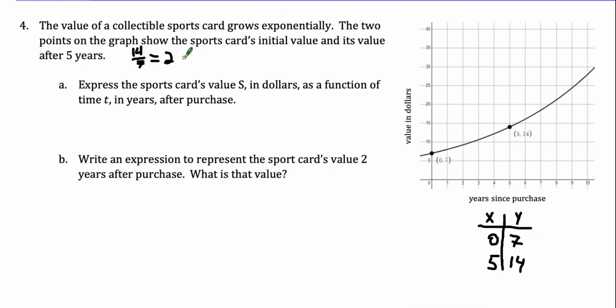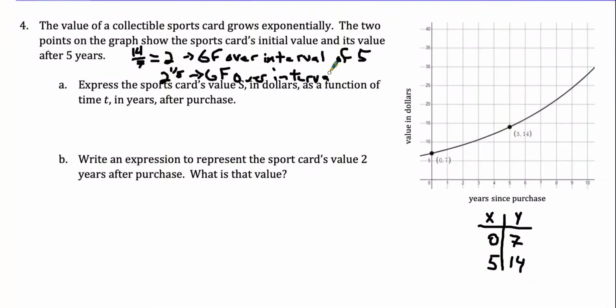That's my growth factor over an interval of 5. So to convert that to an interval of 1, I need to take this value and raise it to the 1/5 power. So that is my growth factor over an interval of 1.